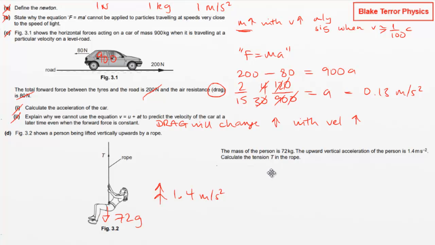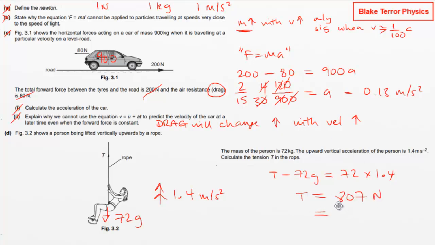So this is the same question. T minus 72g equals 72 times 1.4. So T is equal to 72 times 1.4 plus 72 times 9.81, which gives 807 newtons.